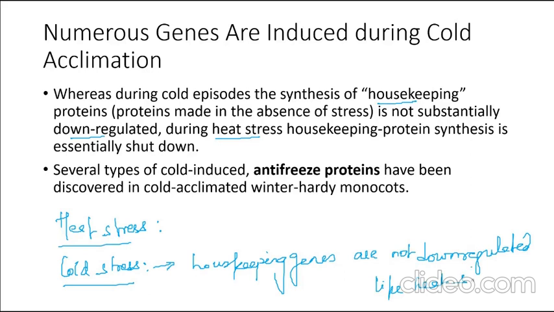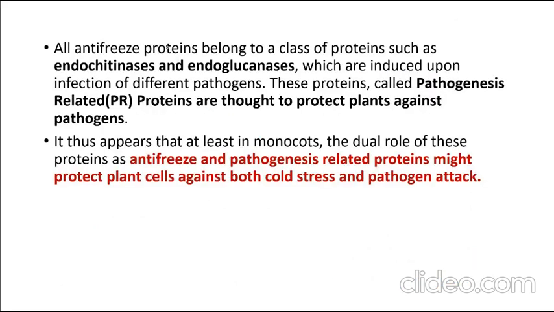So, in response to freezing stress, the plant synthesizes a kind of protein named antifreeze protein, which was discovered first in the cold acclimated winter hardy monocots. Now, it was seen that these antifreeze proteins belong to a class of proteins named endochitinases and endoglucanases.